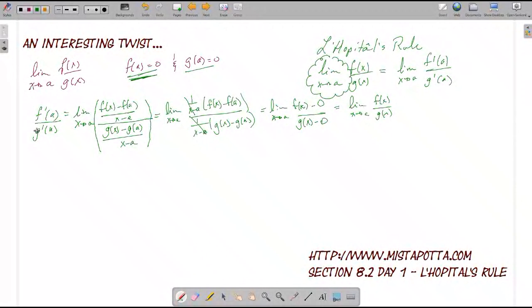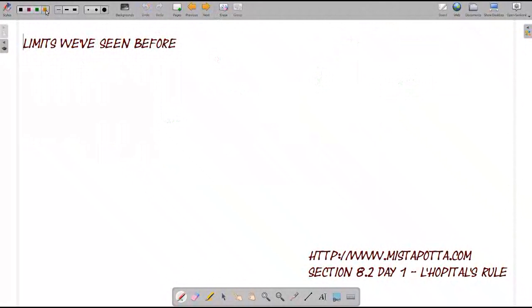showing that. So I actually want to start with some examples of limits that we've seen before. And so there's two ideas that I want to talk about. The first was this idea, let's say I've got the limit as x approaches 2 of x squared minus 4x plus 4 over x squared minus 4.